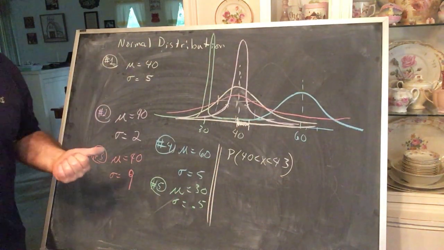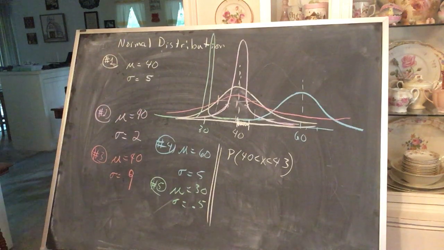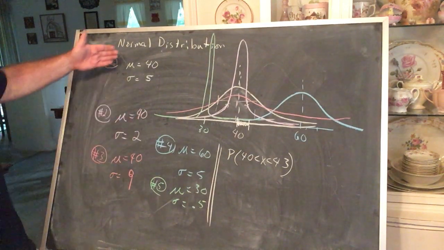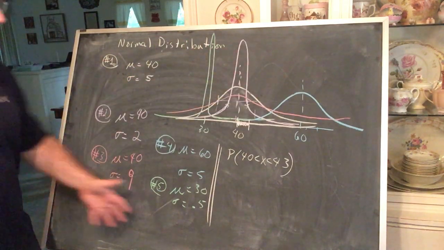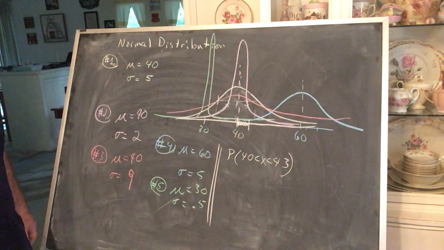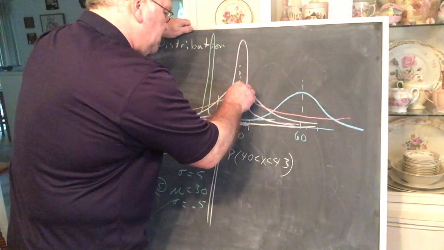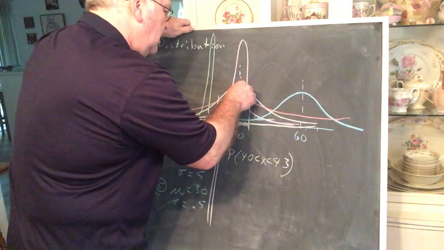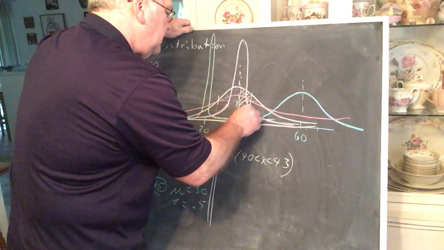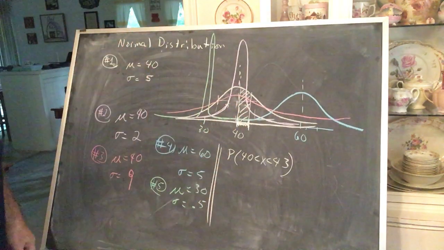Now, we talked before, probability is area under the curve. But the problem is we have 5 different curves and 5 different areas to find. In the original white curve, that would correspond to that area.